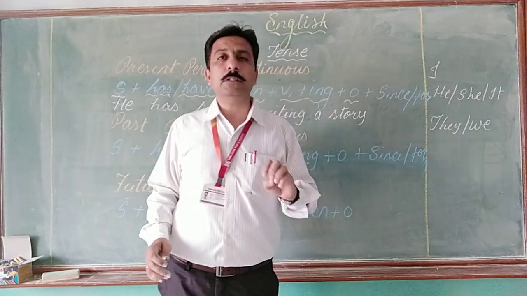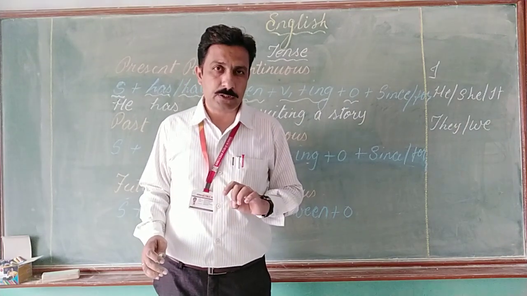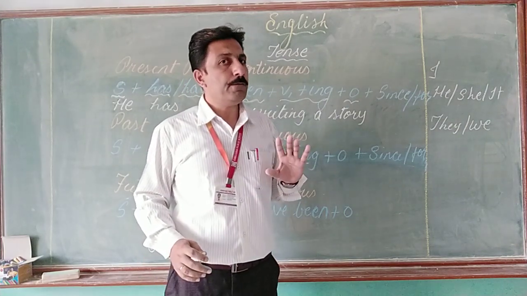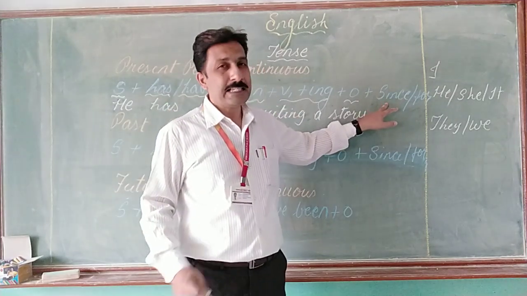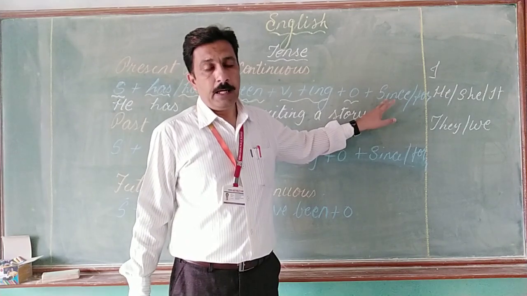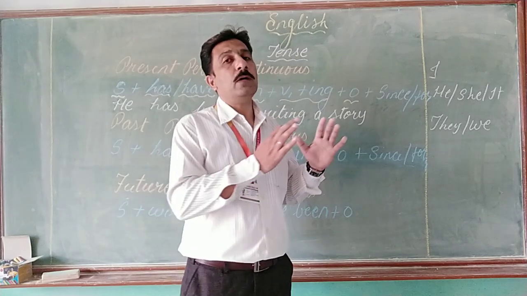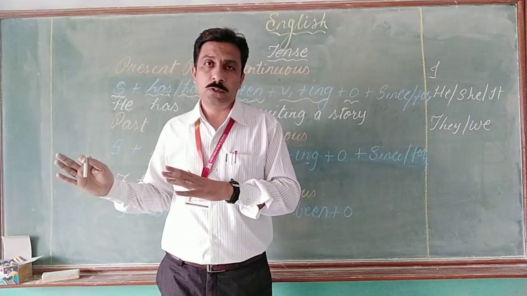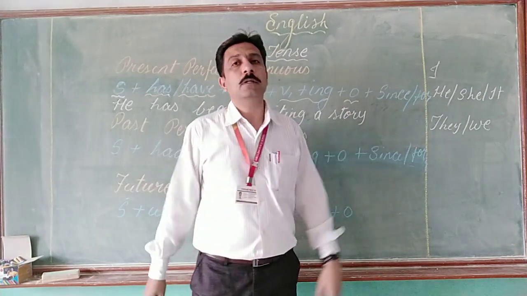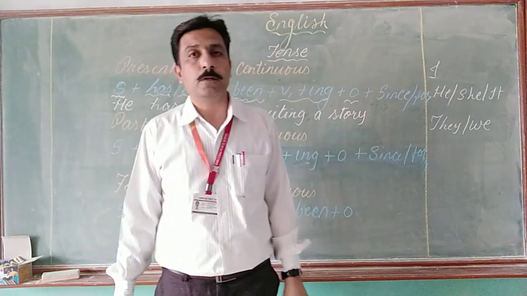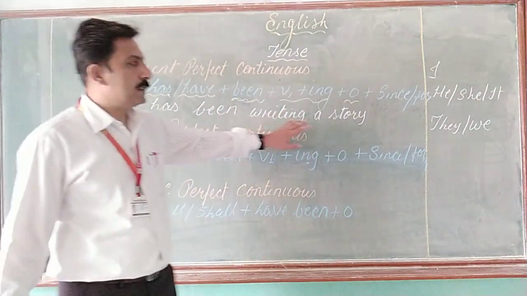Now if you have a fixed time, if you have a fixed date, then for that point of time, we use the word since. If you have a duration, if you have a long period, not a fixed point, then we use for.